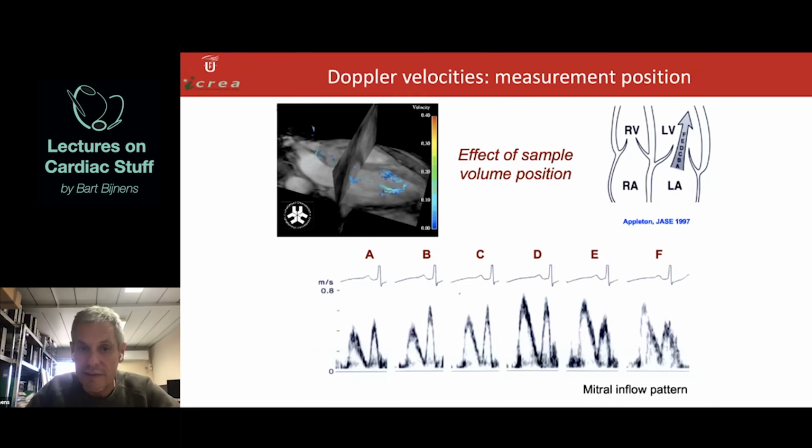So this position is the position that we measure. But also keep in mind what I said before: during contraction, the valve plane moves towards the apex, while our Doppler position, of course, is not following. So when we measure this, the sample position within the heart is actually changing continuously.